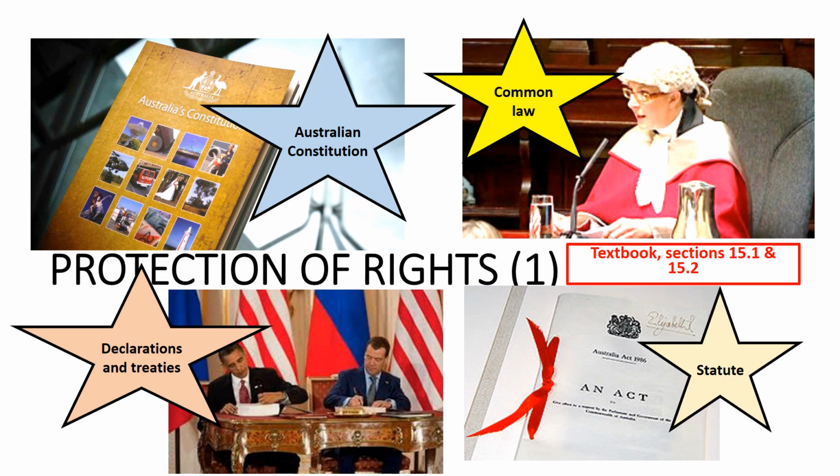And also make sure that you use the rewind function so that you can rewind this video if you have missed any information or if you need to go back over any of the information covered in this video. Once you have finished watching and taking notes on this video, please make sure that you read sections 15.1 and 15.2 of the textbook and supplement your notes with any information from that reading that you find useful.